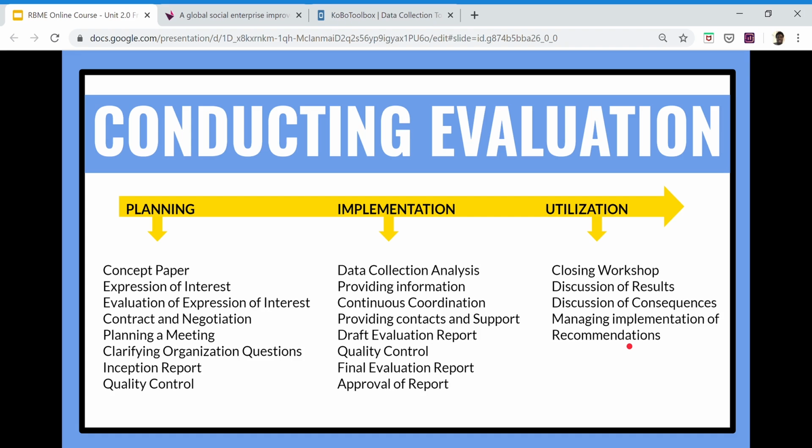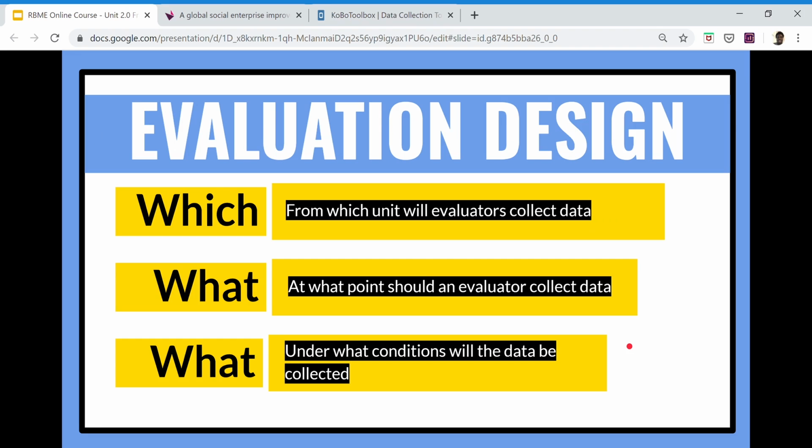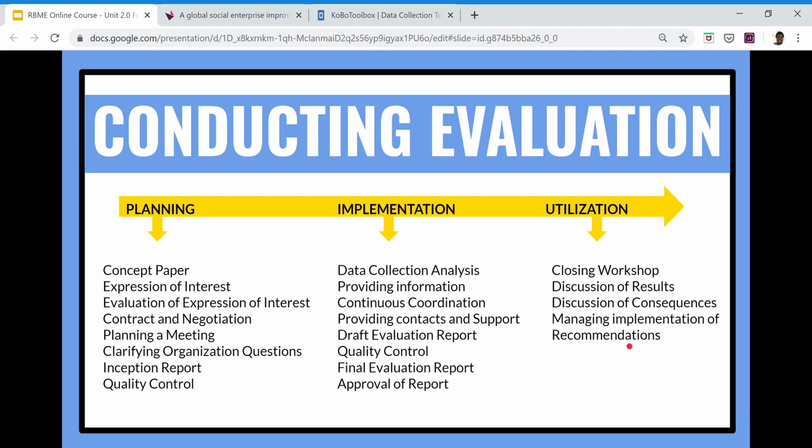We ended with this in week 4 of the class, but I think majorly, the evaluation design and also conducting an evaluation on your case study was the main focus in terms of task.